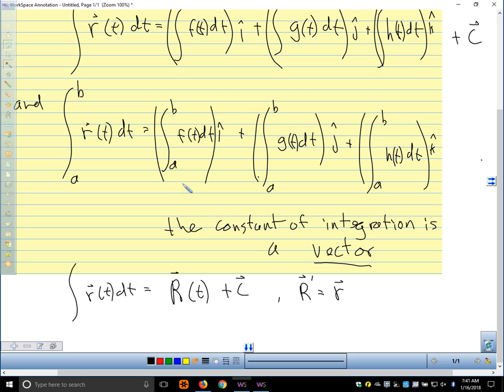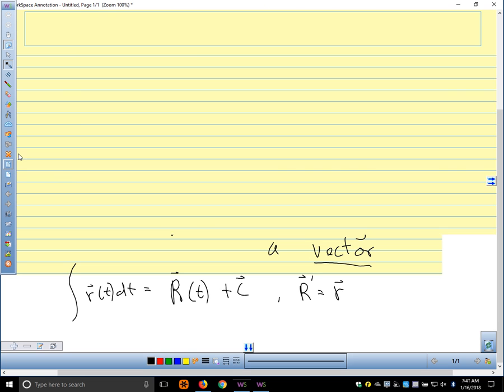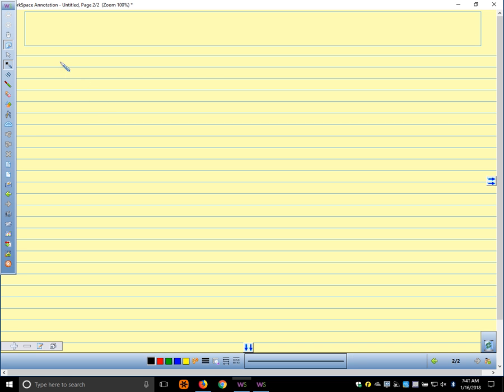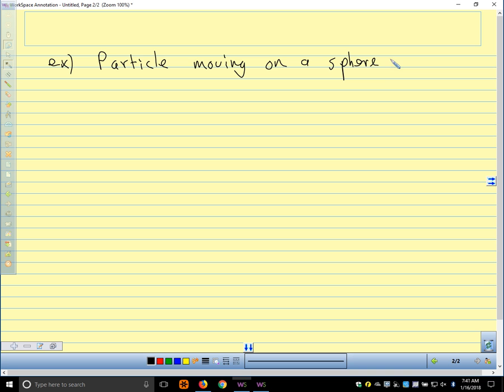I have a few questions for everyone. All right, we have a particle, and it's moving on a sphere centered at the origin.